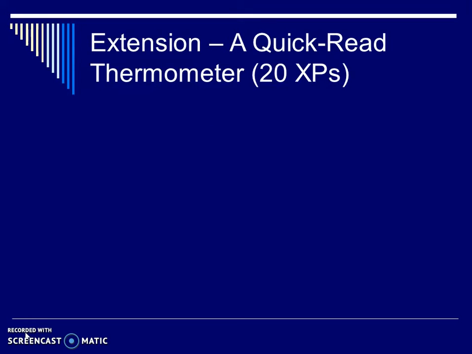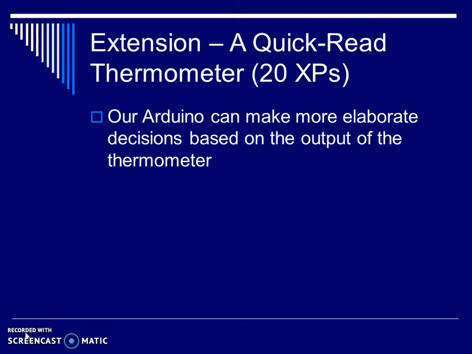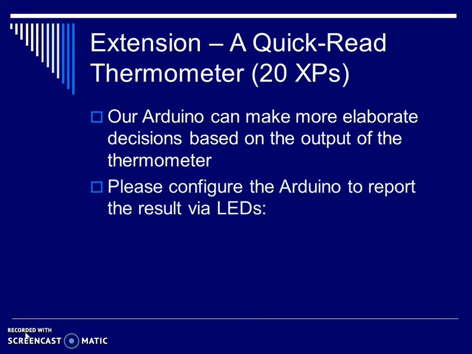And if you're feeling spiffy, you can go ahead and breadboard up a quick read thermometer for 20 experience points. It's essentially the same thing, but instead of sending the answers about temperature to the serial monitor, we make some simple decisions based on the temperature and then change the output of the thermometer.